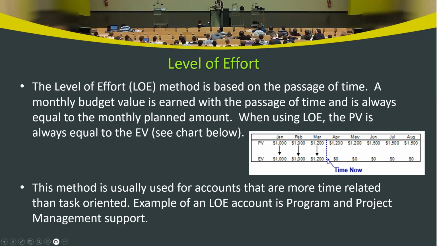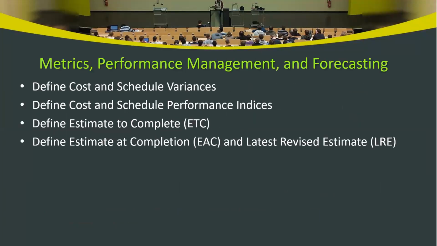I can see that in the exhibit here, PV in the upper line and EV here. The values are equal. When you use level of effort, EV is equal to PV.